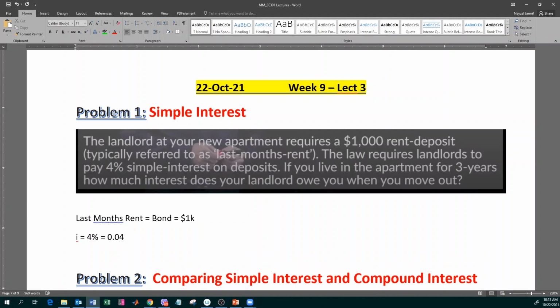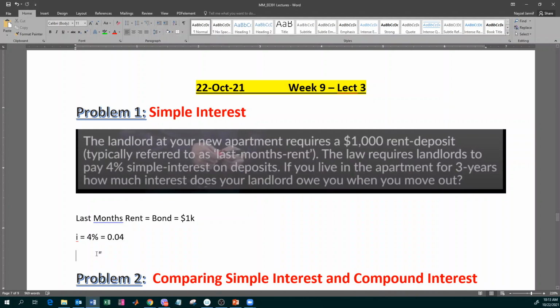So how much interest does he owe you? Look at the question. When it's just written 4%, what do we assume over here, guys? We assume it's per annum.